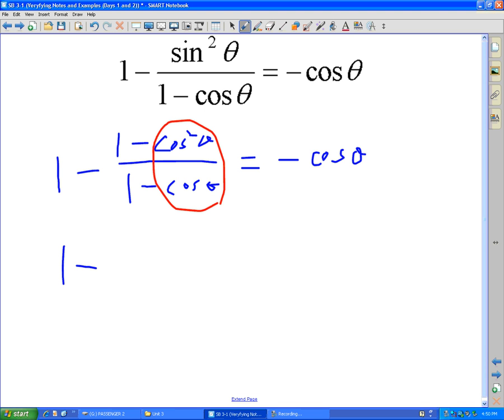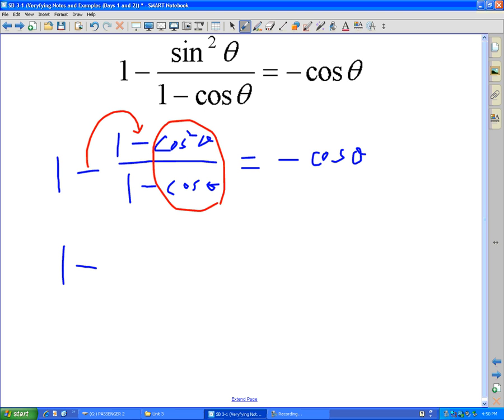Boy, that'd be nice, wouldn't it? Well, it actually wouldn't work out the way you wanted to anyway, because we'd have to distribute this negative 1 into the negative here, and we wouldn't get a negative cosine, we'd get a positive cosine. And so cosine is not equal to negative cosine.